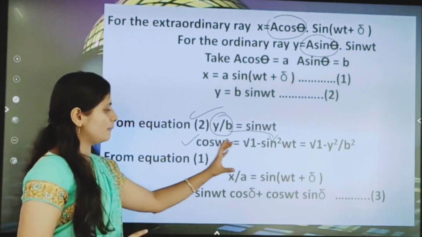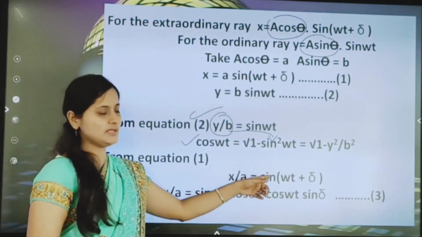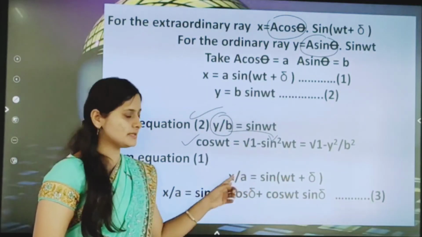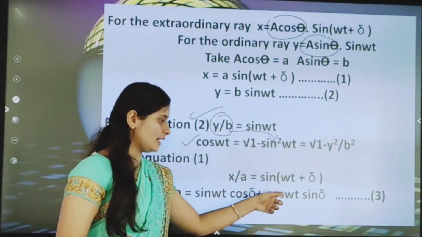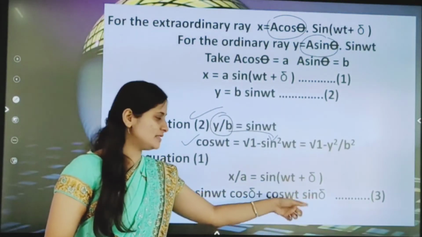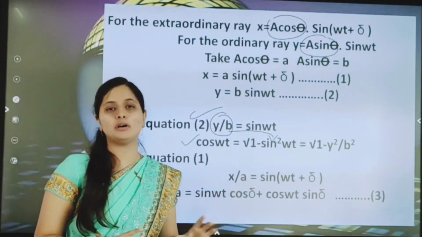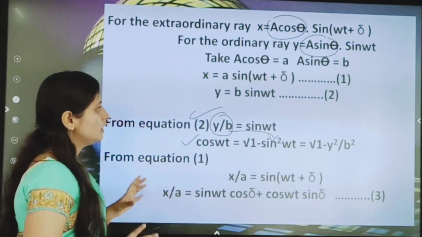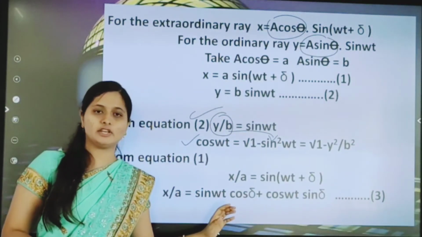So x by a equals sin omega t cos delta plus cos omega t sin delta. We write this as equation number 3. So we now have equations 1, 2 and 3.